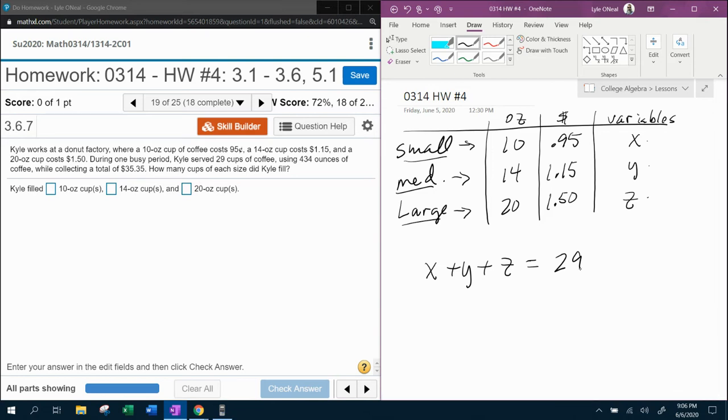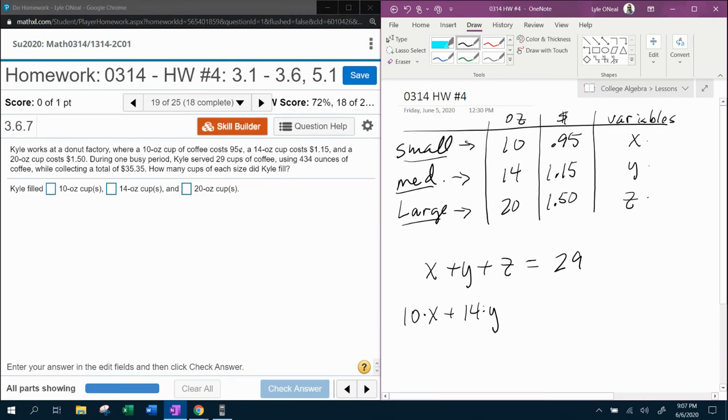Next, he used 434 total ounces. Okay, so if I multiply how many ounces are in a small, 10, times how many cups were sold, do you understand that that'll give me the total number of ounces from small sales? And then multiply 14 ounces times how many medium cups were sold.